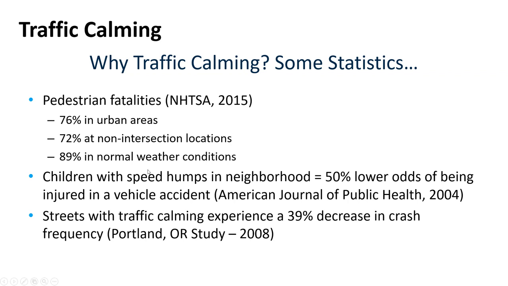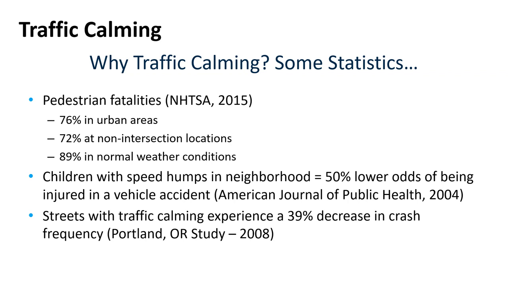And the studies have shown that if we put in speed humps, we're going to talk about what those are. You may already know, but a speed hump is one of our traffic calming devices in neighborhoods that have those. It's 50% less odds of a child being injured. That's a good thing. If you can drop child injuries by 50%, very good thing.